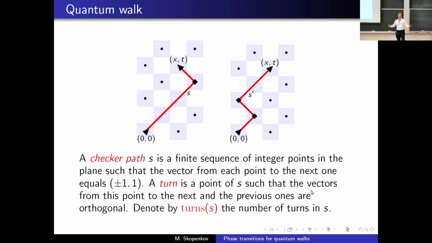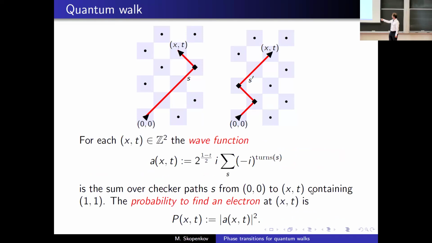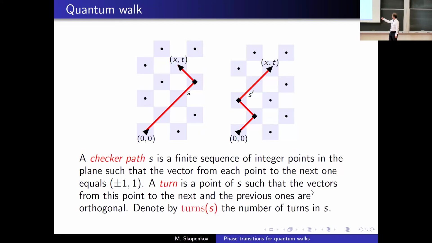So imagine a checker that moves along an infinite checkerboard. A checker can move either upwards right or upwards left to the neighboring diagonal square. In the figure, we see two possible examples of checker paths.